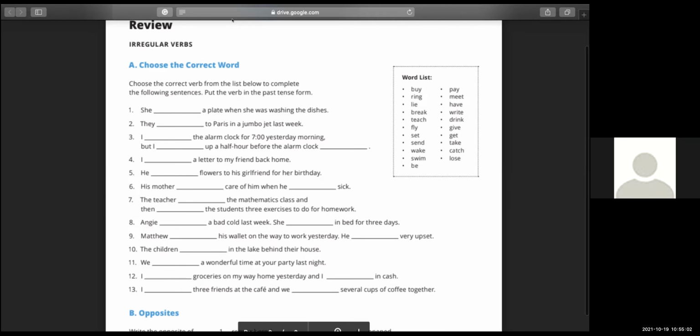Number 5: he blank flowers to his girlfriend for her birthday. He sent. I think sent is good. Or I think both, the past of buy. Yes. Me too, I think both.